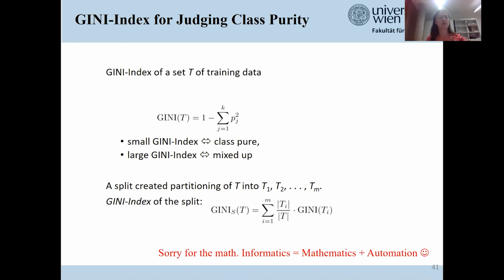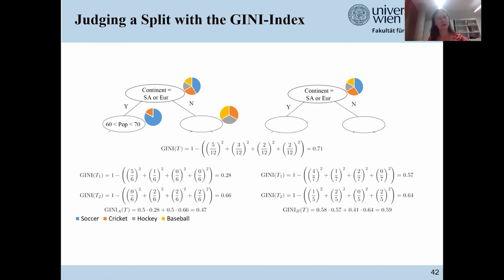In our case, we just consider 2 subtrees. And the Gini index of the split is the weighted Gini index of the subtrees, weighted by the size of the subtrees. That is just T_i divided by T, the weighting by the size. I hope this is more or less clear, but often an example helps very much. So imagine we now want to select what is essentially the best split for the root of our tree.